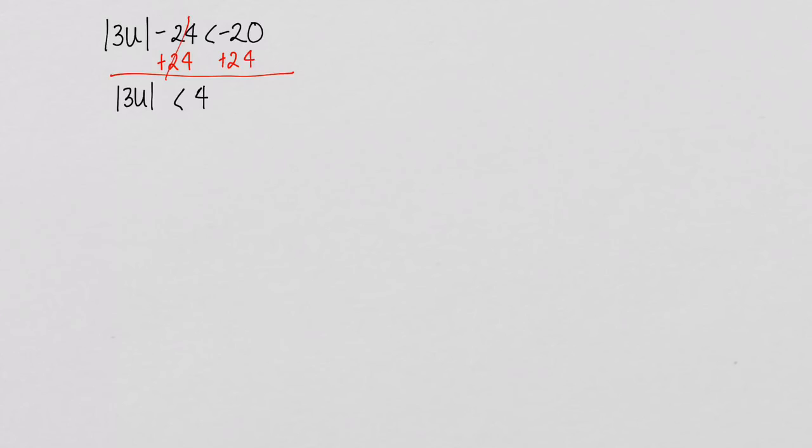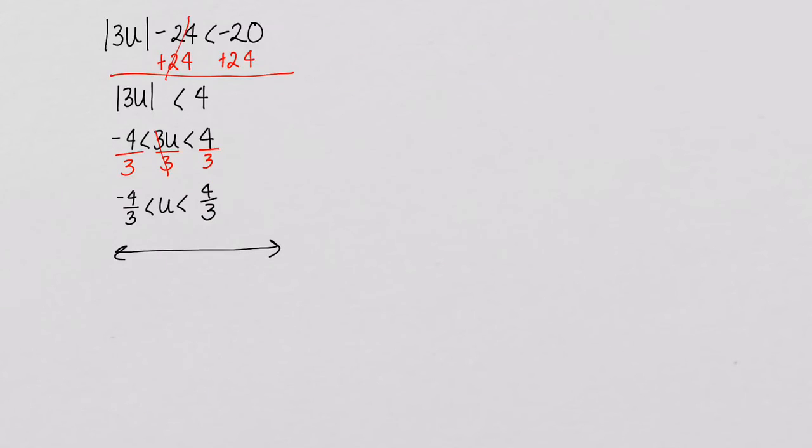Okay. Now, hey, we have a less than sign, an absolute value by itself. We are going to sandwich negative 4 less than 3u less than positive 4. We want to get the u by itself, so we will divide everything by 3. We have negative 4/3 less than u less than 4/3 on a number line.